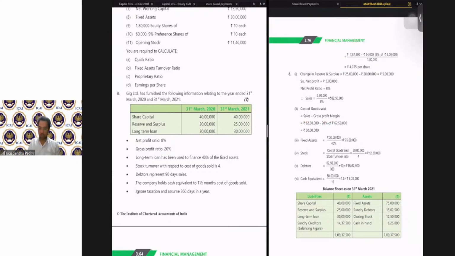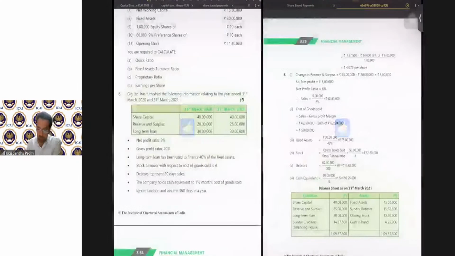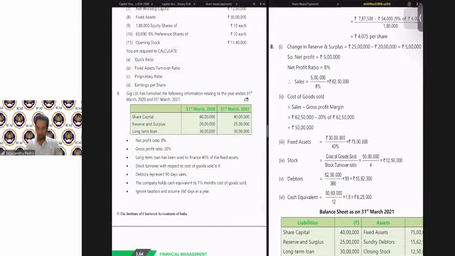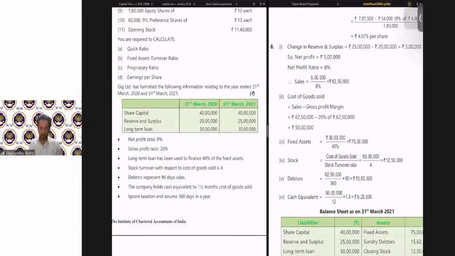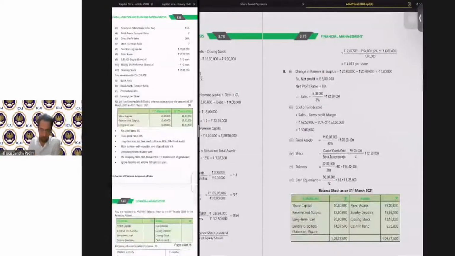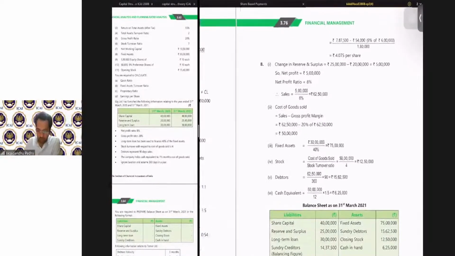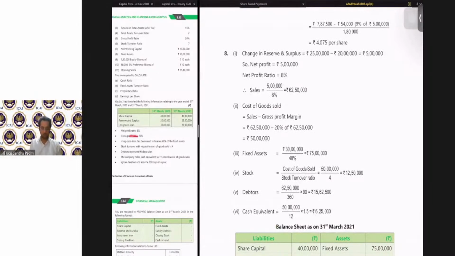So 62 lakh 50,000 minus 20% of 62 lakh 50,000 will be 50 lakh. The net profit ratio and gross profit ratio were given to us, so using that, we computed the sales figure and the COGS figure.